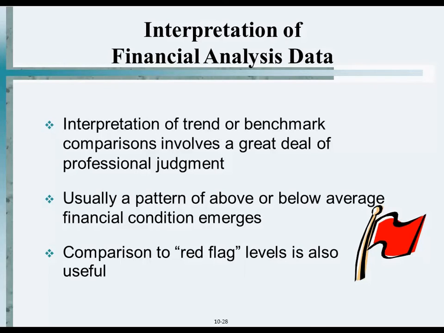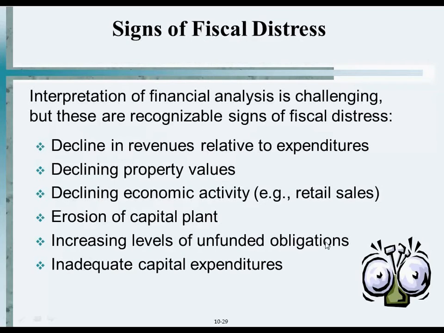Interpretation of financial analysis data. Again, if you see some bad numbers, you'll know. It doesn't take a genius to figure out looking at trends, because it won't be just one area, it would be multiple areas which will show negative declines or problems.